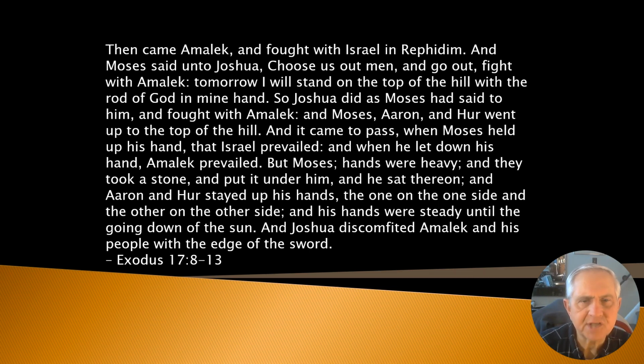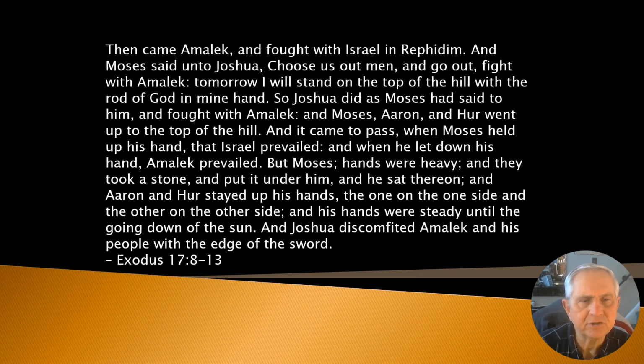And Moses, Aaron, and Hur went up to the top of the hill. And it came to pass that when Moses held up his hand, that Israel prevailed. And when he let down his hand, Amalek prevailed. But Moses' hands were heavy, and they took a stone and put it under him, and he sat thereon.